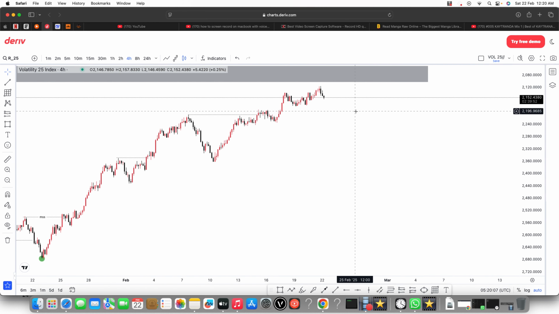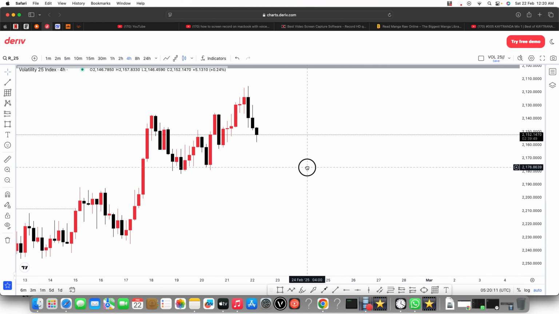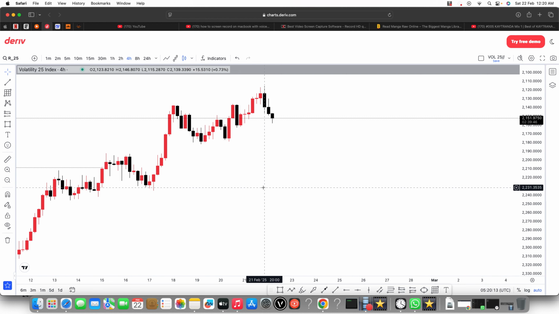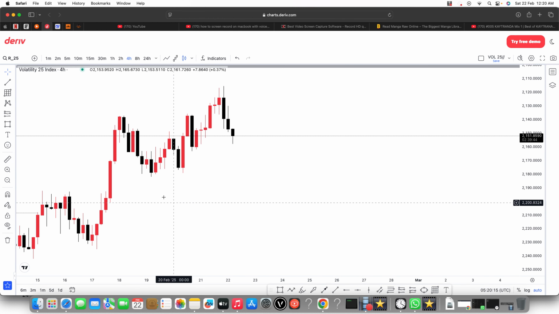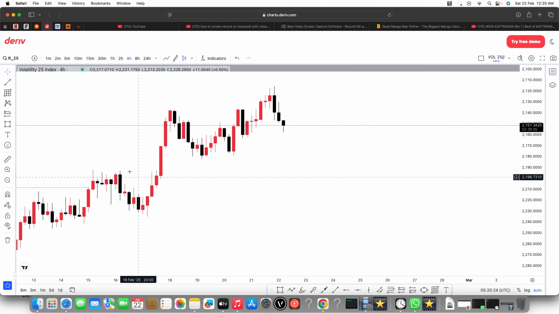Now, as the trend goes on, we can basically see that we had another distribution to the upside from here. There's another break of structure.